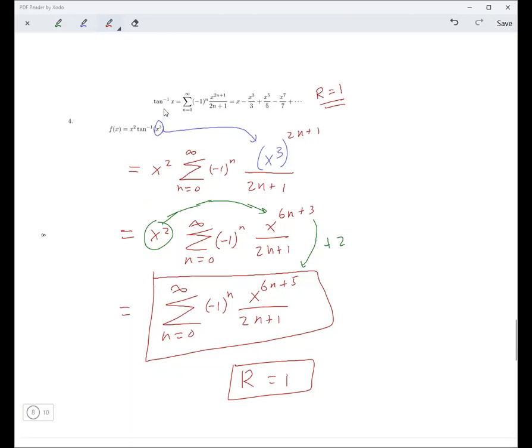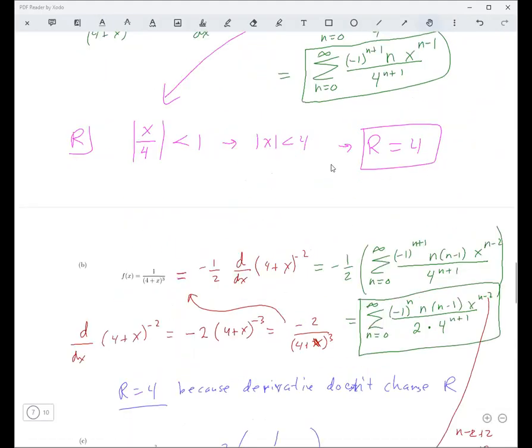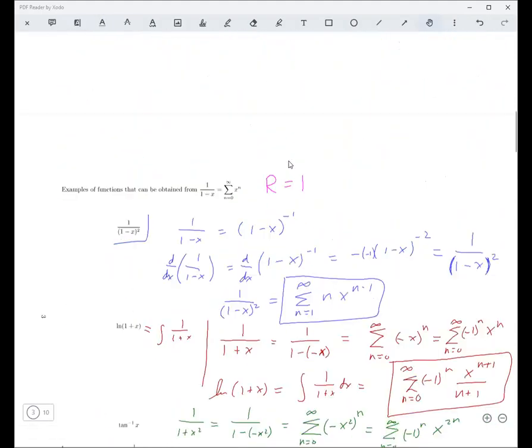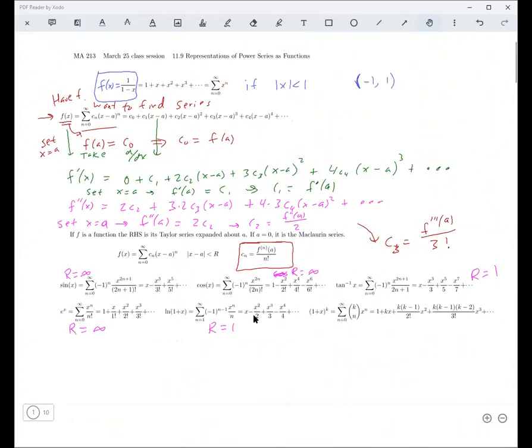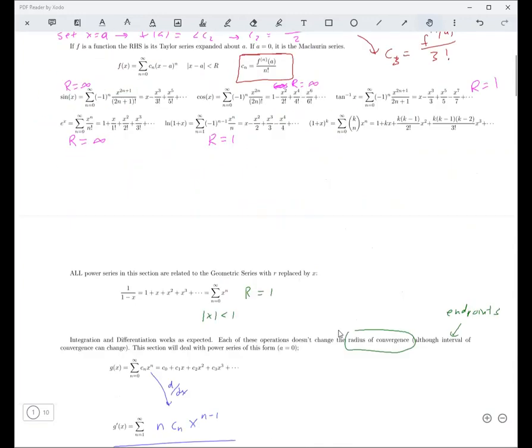It's only if you start replacing it with like x cubed divided by something, or x times some constant, that you're going to change your radius of convergence. Okay. Yeah, so those are all radius of convergence 1. The other things are infinity, except this one, and that kind of depends on what your k is.